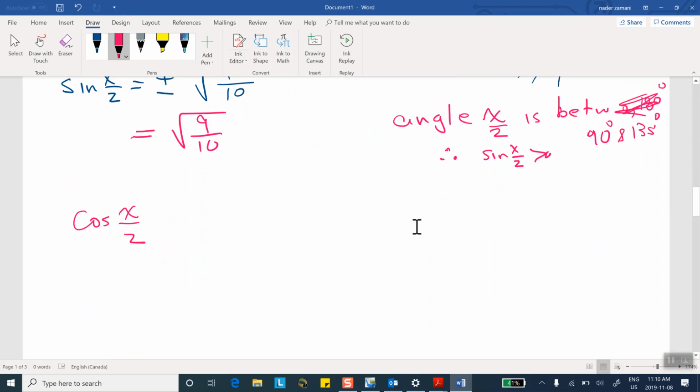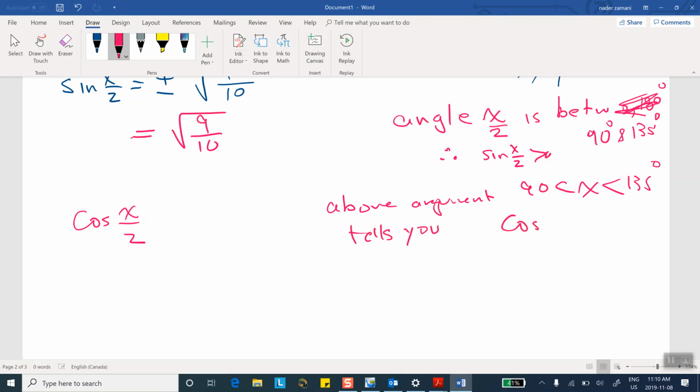So first of all, the above argument, that x over 2 is less than 135 and bigger than 90, tells you that cosine of x over 2 is negative. Use your half angle formula.